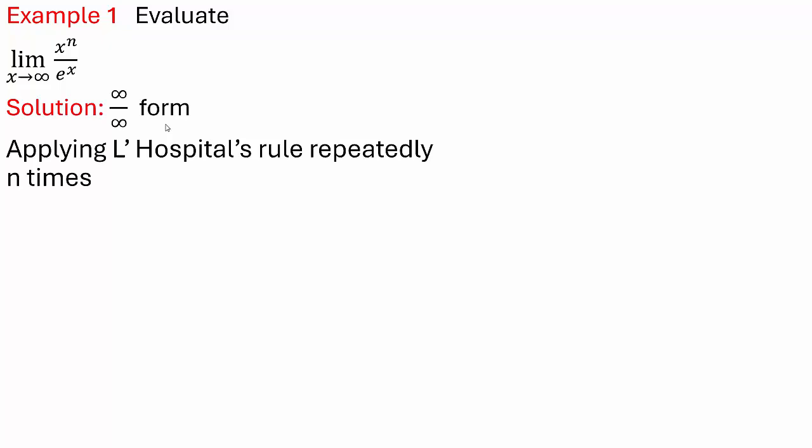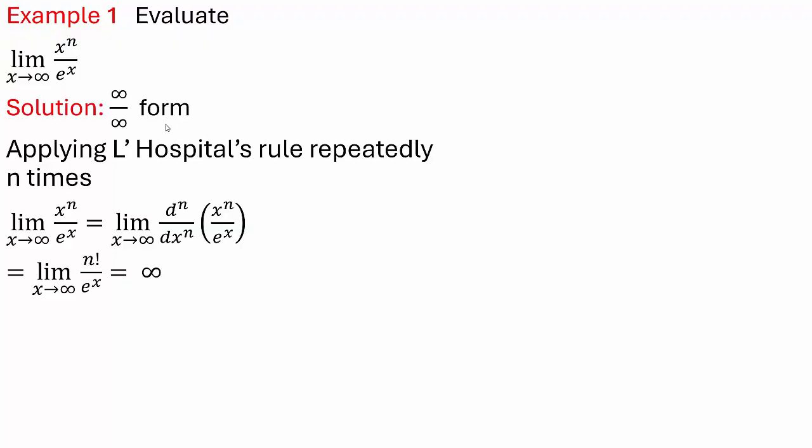Therefore, we apply L'Hospital rule n times, that is, limit x tends to infinity of x raised to n divided by e raised to x equal to limit x tends to infinity of nth derivative of x raised to n divided by nth derivative of e raised to x. We are applying derivative to numerator and denominator separately.